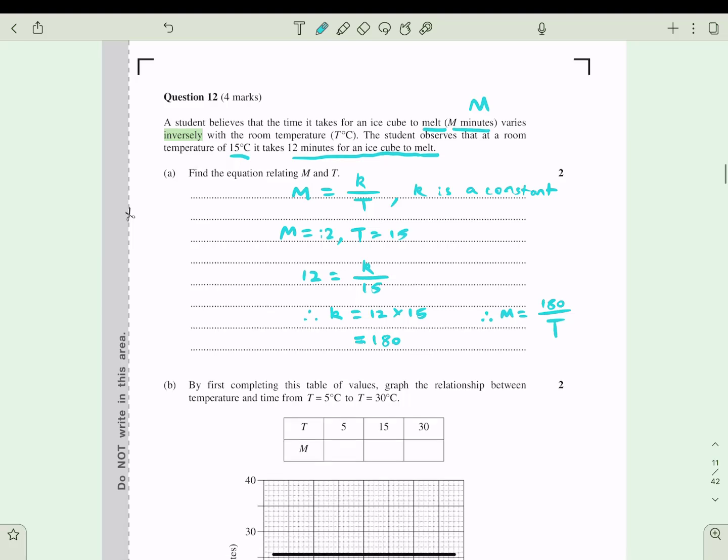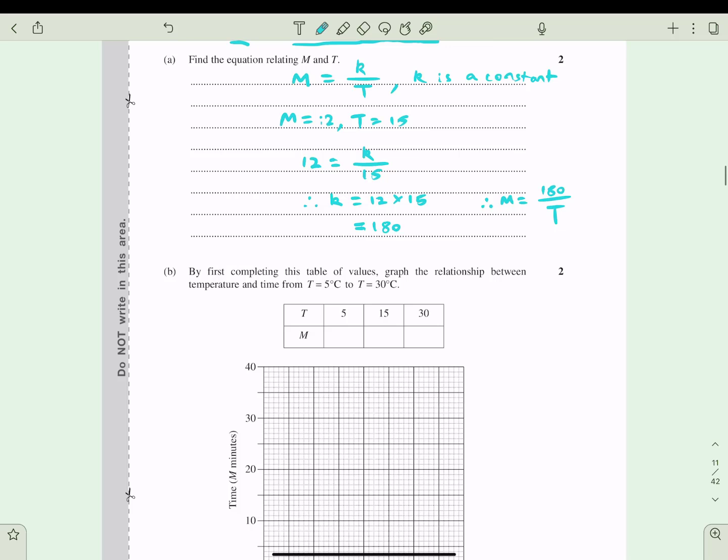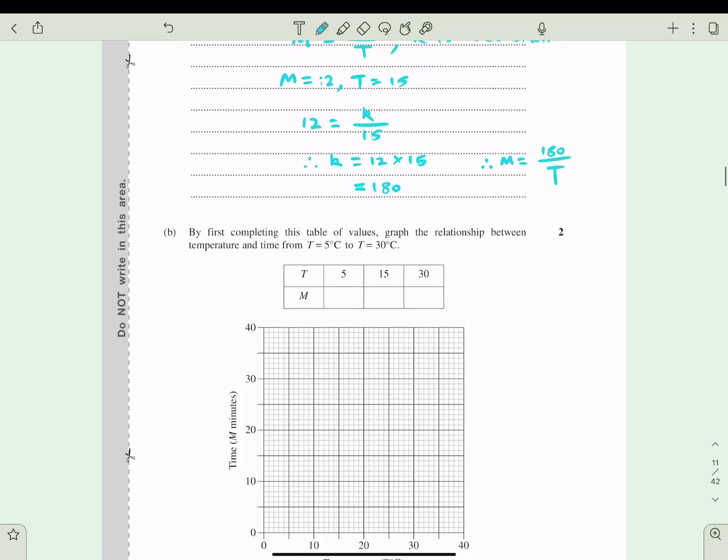Okay, part B, by first completing this table of values, graph the relationship between temperature and time from t equals 5 to t equals 30. All this really is, is substituting in values to find values of m. When t equals 5, m is equal to 180 divided by 5, which is equal to 36.